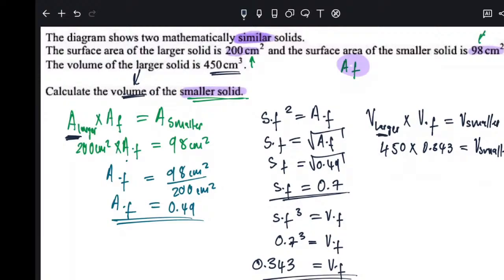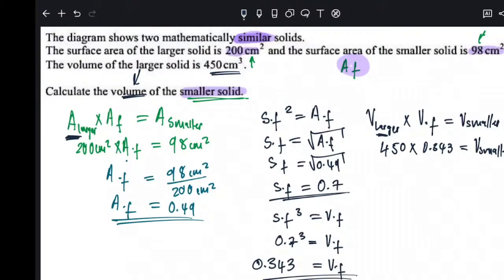What will be the answer? Say it. Yes, tell me, what's the answer, guys? 154.35.